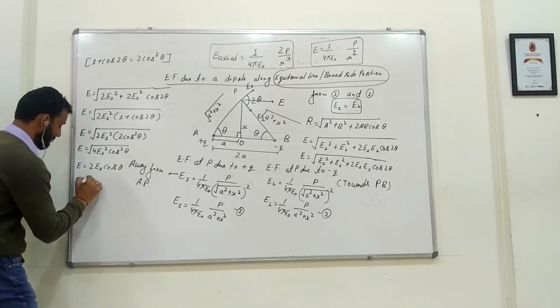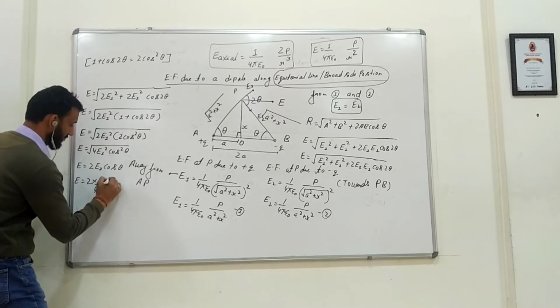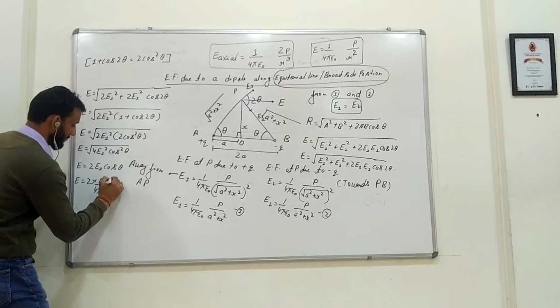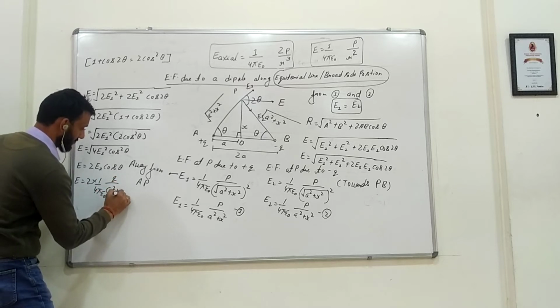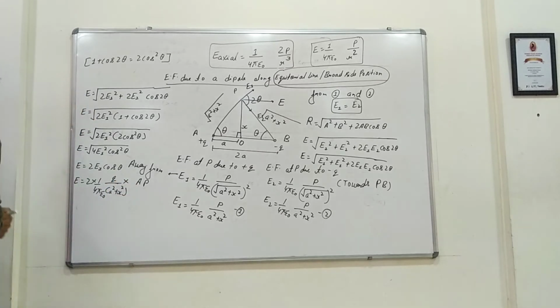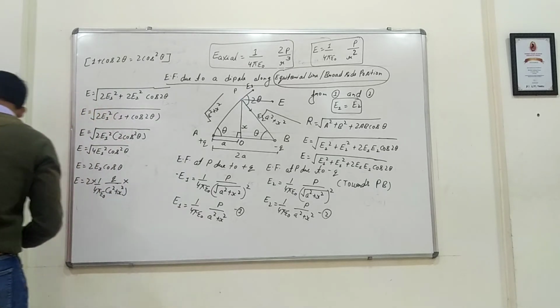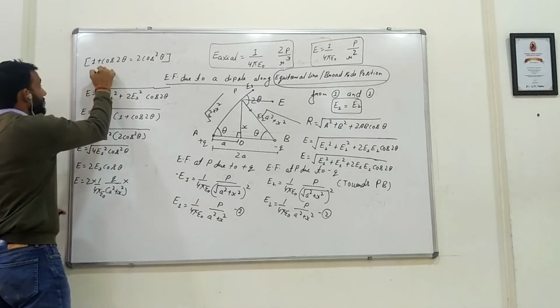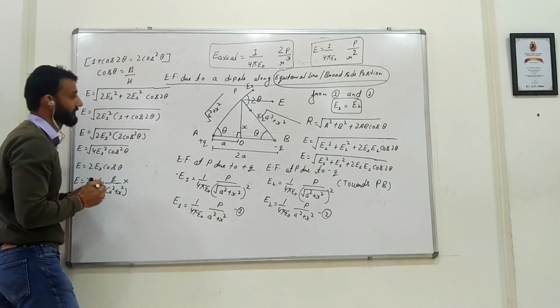Now E is equal to 2 into 1 upon 4 pi epsilon naught q upon a square plus x square. And then in place of cos theta, you know that cos theta is equal to base upon hypotenuse.